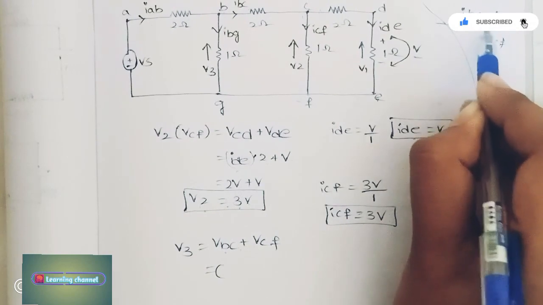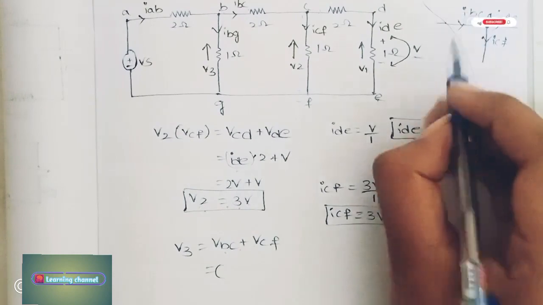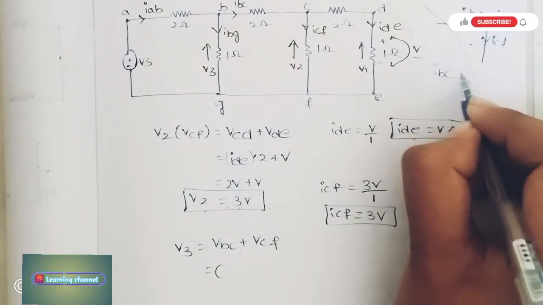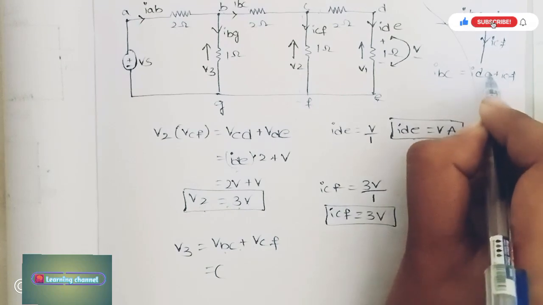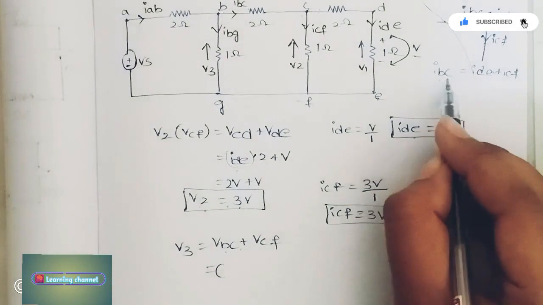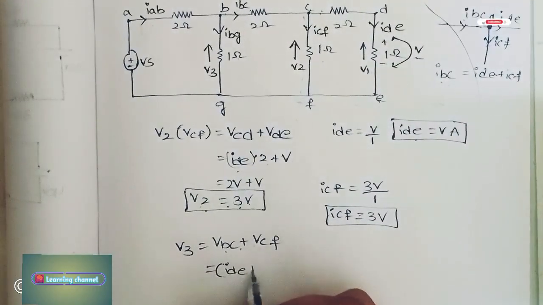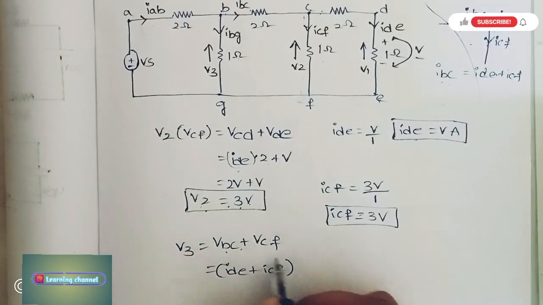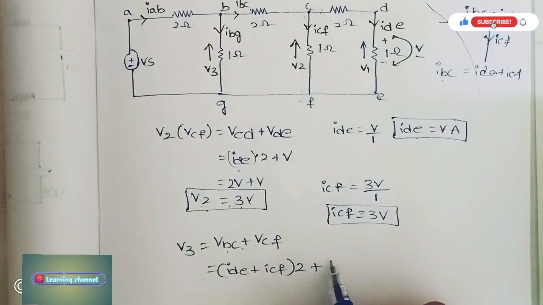If you consider it as a node, then the sum of currents entering is equal to the sum of currents leaving. So IBC is equal to IDE plus ICF. In place of IBC, I am writing IDE plus ICF, into the 2 ohms resistor, plus VCF.